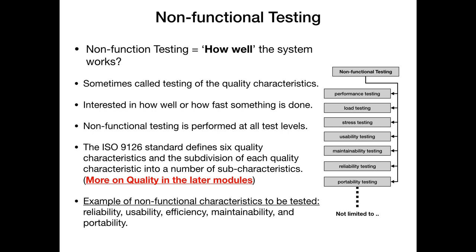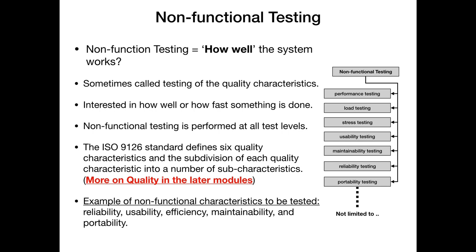So the plus here is a function, but for non-functional requirements like stress testing, you want to test the usability, for example, the reliability, the efficiency, the maintainability. These characteristics are covered by testing. Non-functional testing like performance testing is done with the efficiency, for example.